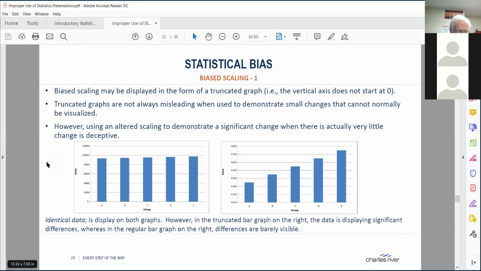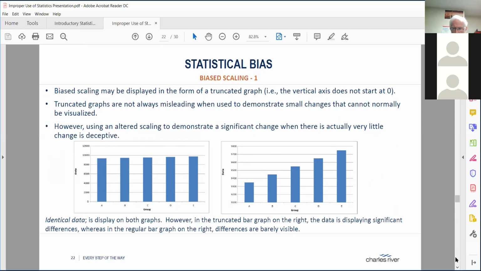Again, another good example, biased scaling of these bar charts. If we look at the data here, we don't see a real big difference between all of these, whatever they are, whereas this looks really different. But if we look at where it starts versus where it ends, then we've skewed the data.